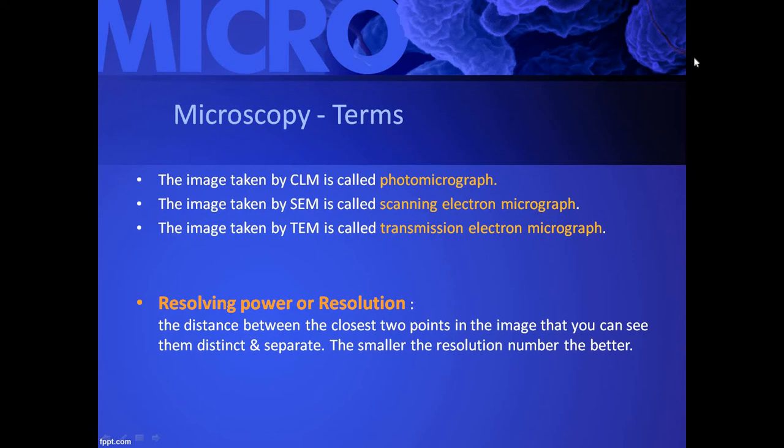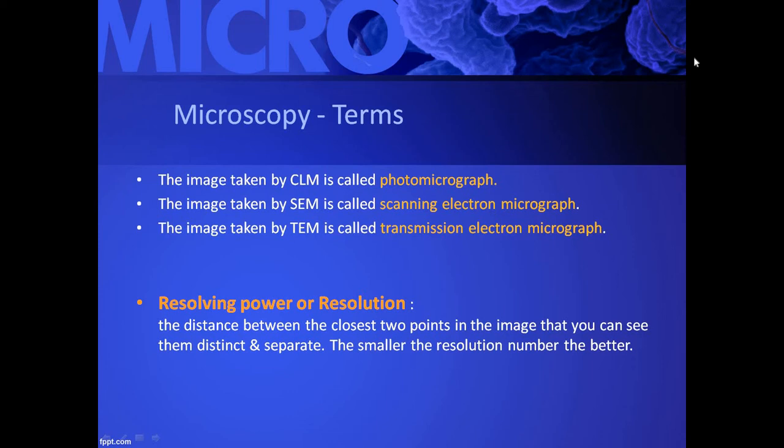Okay, moving on to the most important term in microscopy, which is the resolution or the resolving power. We all hear about resolution in our cameras, in our smartphones. So what is resolution? Resolution is the distance between the closest 2 points in the image that you can see as distinct and separate.